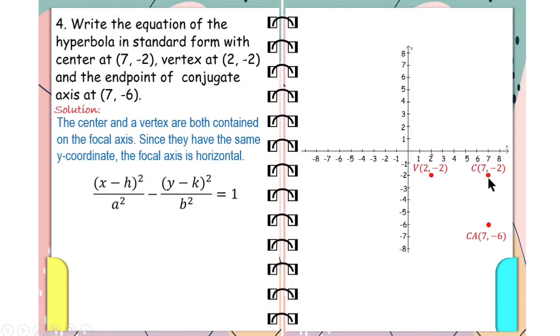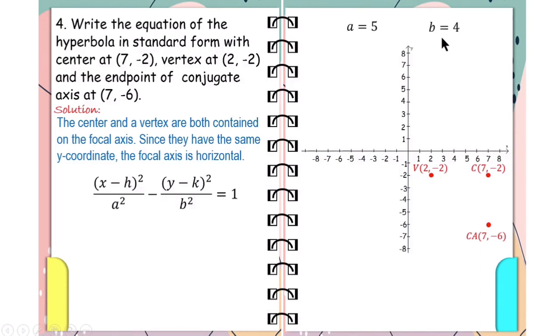So we have 1, 2, 3, 4, 5 units. Therefore, a is equal to 5. For b, we count the distance between the center and the endpoint of the conjugate axis, which is equal to 1, 2, 3, 4 units. So b is equal to 4.